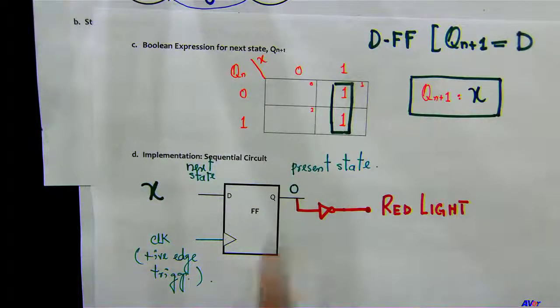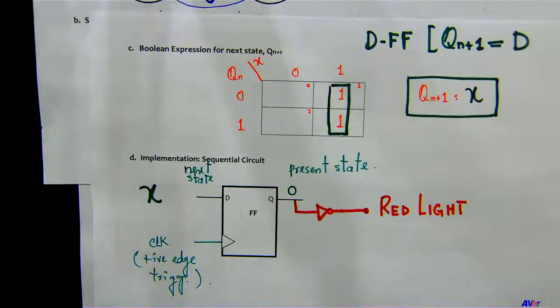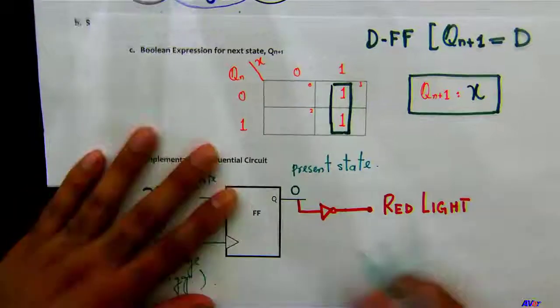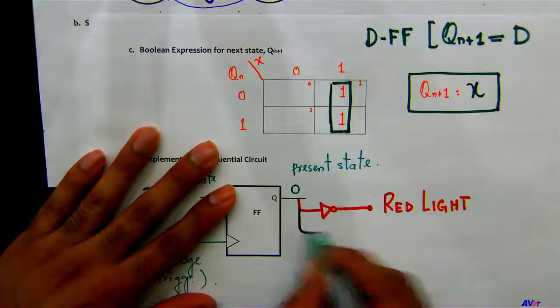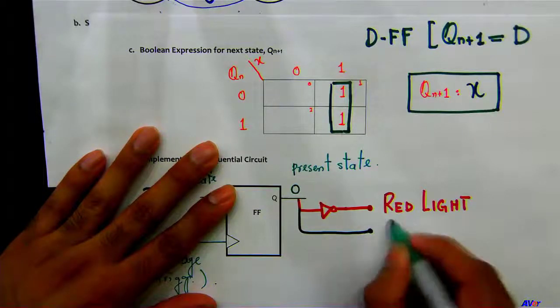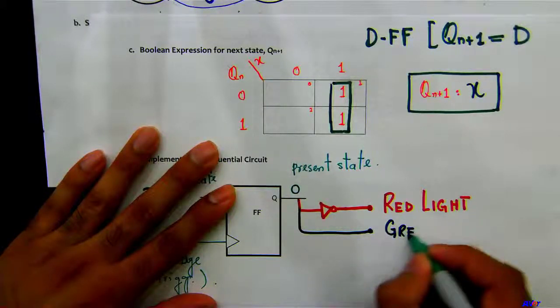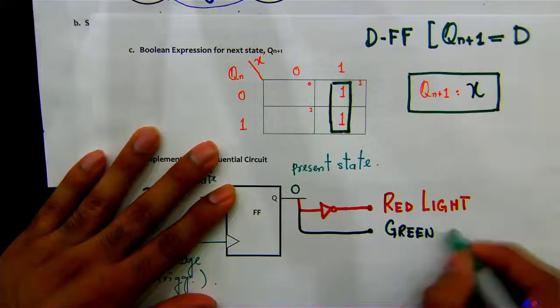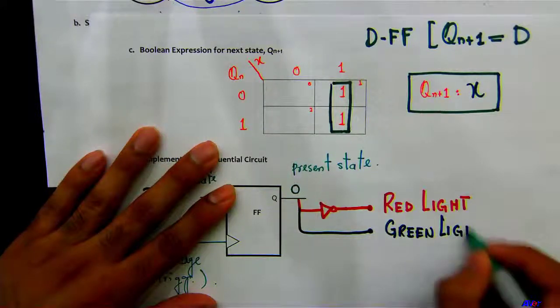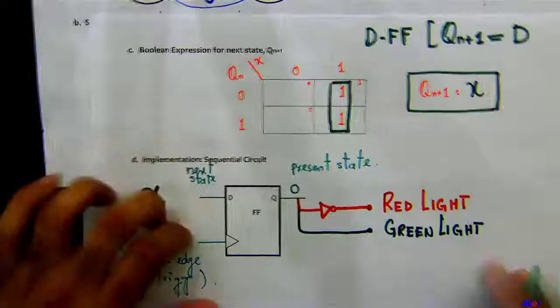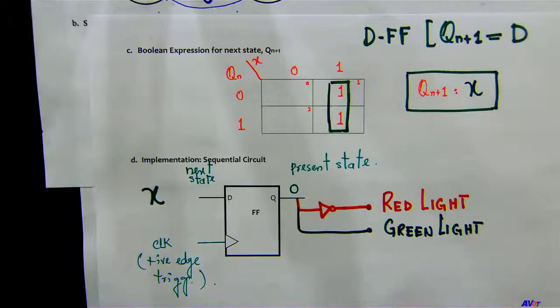So say if the present state is 0, the green light is supposed to stay off, right? So I'll just wire it with the green light. Now, I did it this way because I just wanted to do it a little differently. But again, you can do the K-map, come up with an expression, and wire them up.